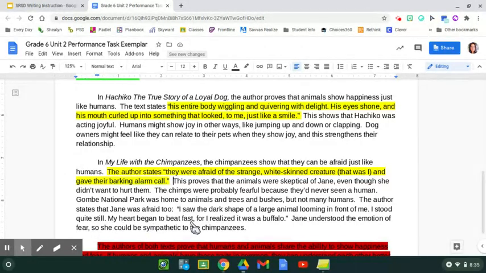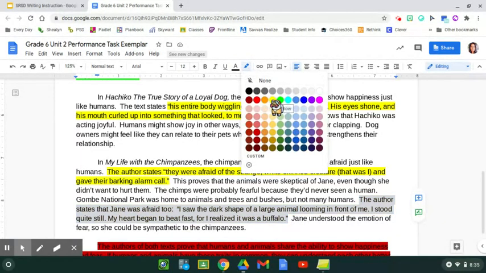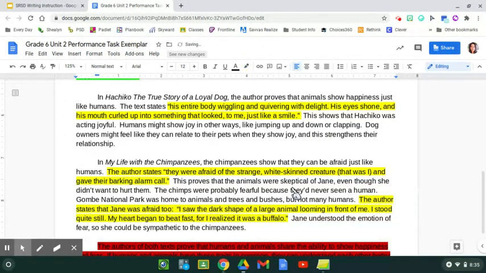My heart began to beat fast, for I realized it was a buffalo." I'm going to stop here because I have quotation marks, so I know this is a direct quote from the text of My Life with the Chimpanzees, and I also have that clue at the beginning of the sentence that's telling me that this is from the text. So I'm going to go ahead and highlight that yellow.